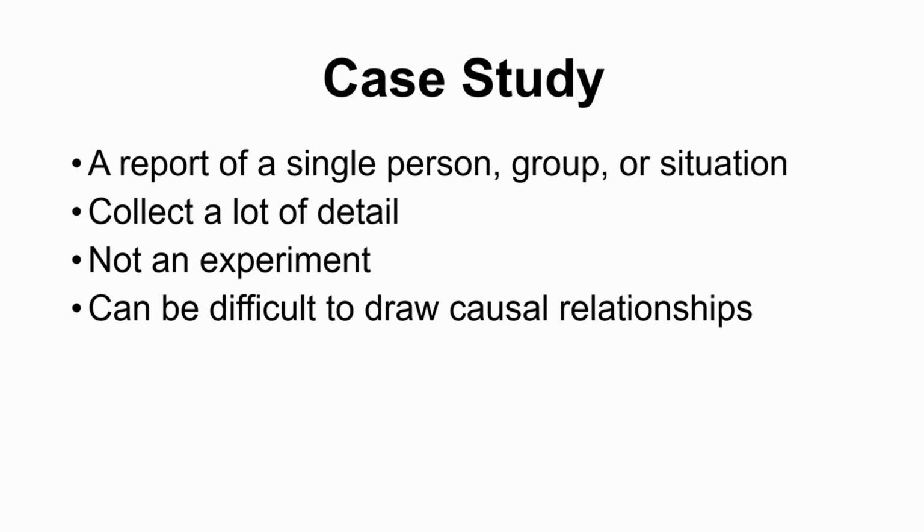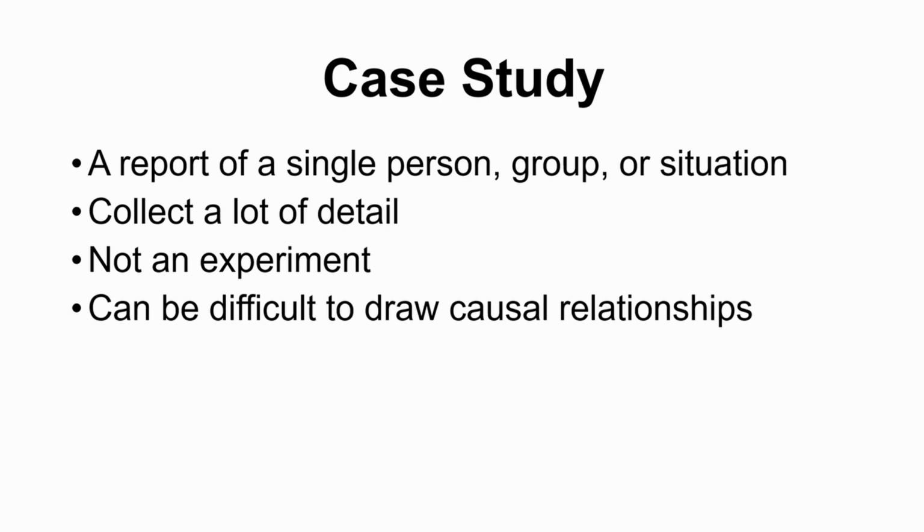And our benefit here is you get tons and tons of detail. The downside is that because it's just a single person or a single group or a single situation, you don't get to collect a ton of data. So if we're trying to run statistics, you can't run probabilistic statistics with a sample size of 1. So it means that we can't necessarily draw, say, causal relationships.